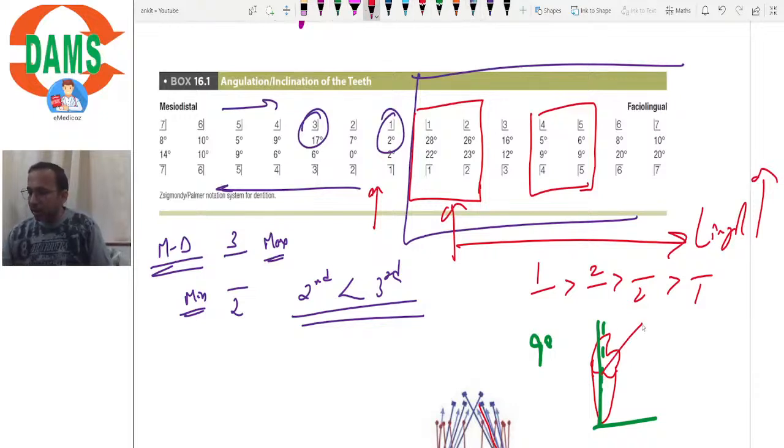The crown is inclined on its root, and because of that the crown has an angulation of 30 degrees. Is it clear? तो क्राउन एंगुलेशन लोअर प्रीमोलर में मैक्सिमम है 30 डिग्रीज, लोअर फर्स्ट प्रीमोलर, और इसीलिए आपको एंडो में सवाल आता है कि आपको बर को टिल्ट करना पड़ता है जब आप लोअर फर्स्ट प्रीमोलर में कैविटी प्रिपरेशन कर रहे होते हो, राइट?